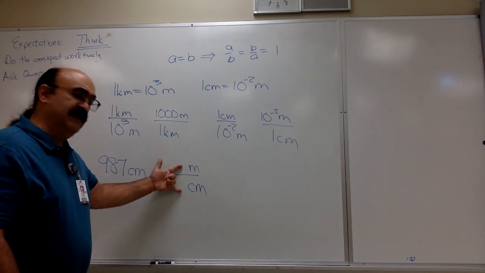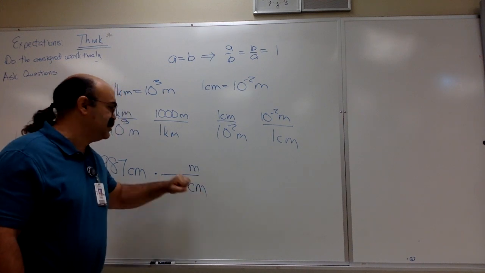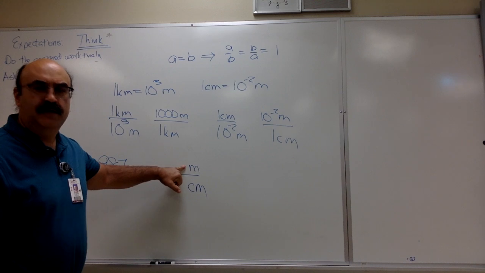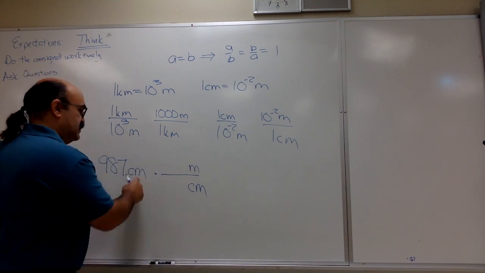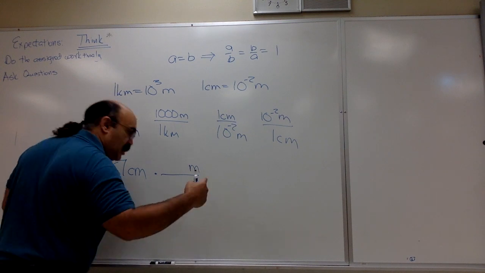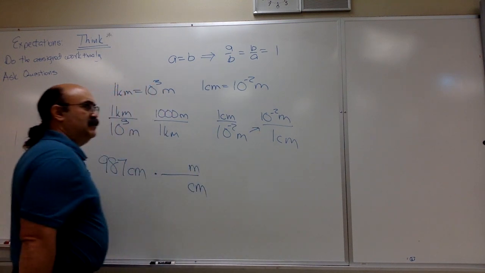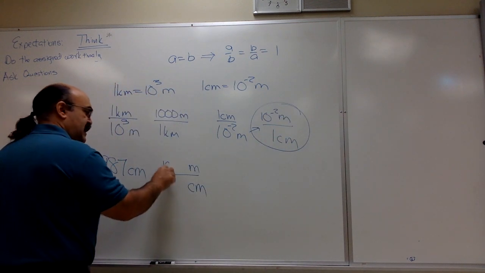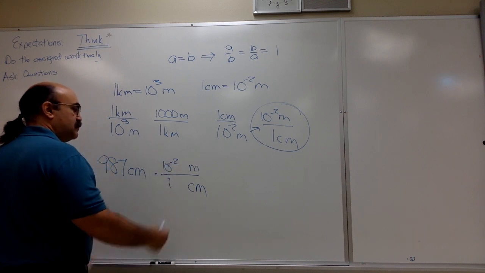Remember, any of these prefixed units, my conversion factor will always have the prefix unit and the base unit. Always. No need to think, no need to struggle. It's always going to do that. So centimeters goes in the denominator to cross cancel, which means I'm using this one.